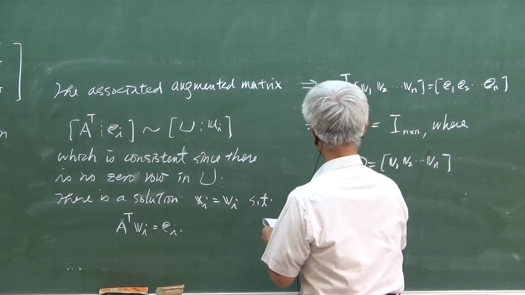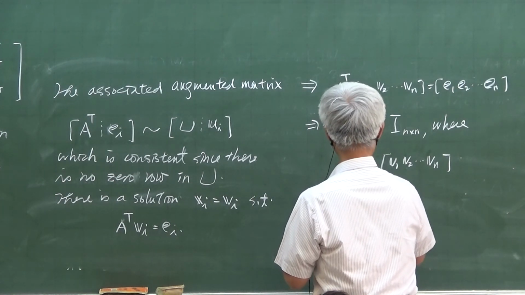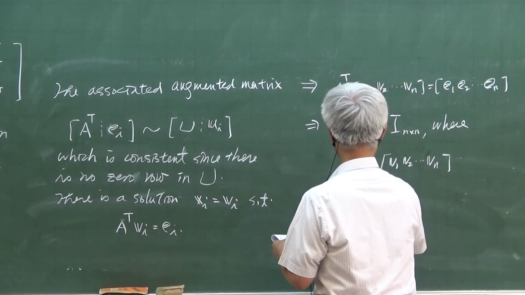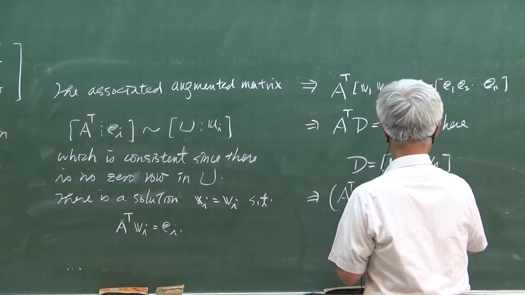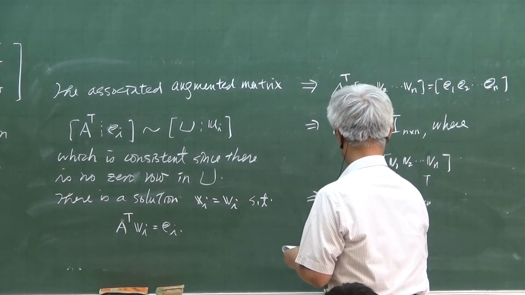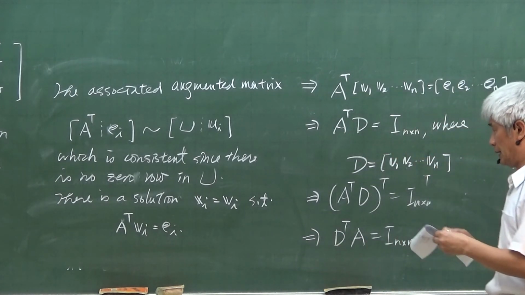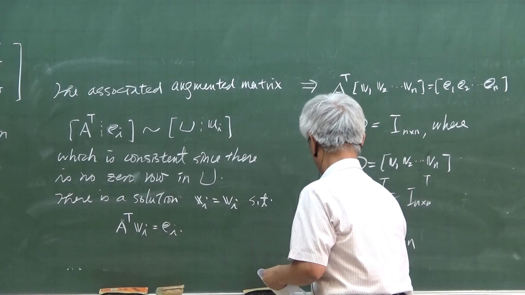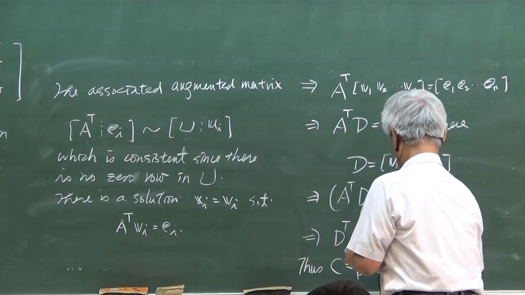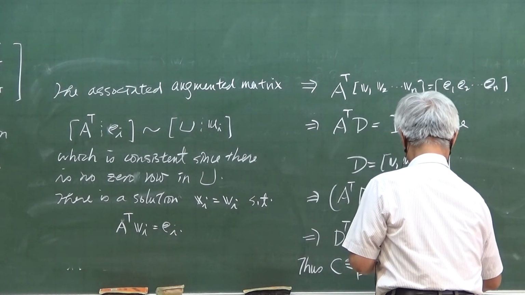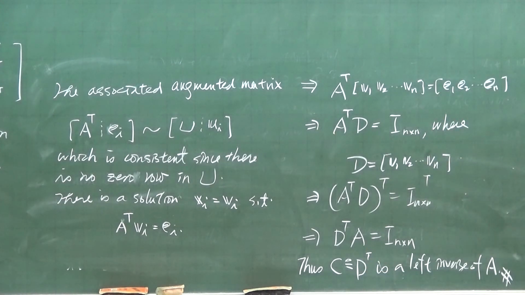And then by taking the transpose, we have V transpose A equal to the identity. This means V transpose A equal to the identity, so we find a left inverse, thus C defined to be V transpose is a left inverse.